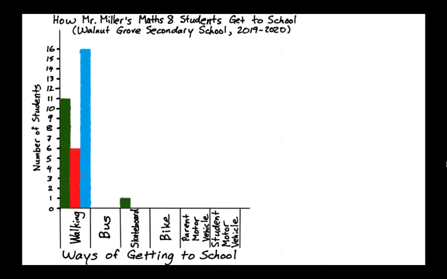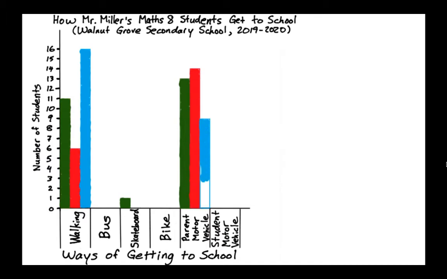So there's only one person who would ride a skateboard in from the 1-2 class, and none of the other classes have skateboarders. Now I go to the getting to school by parent motor vehicle, and I fill in the bars for all 3 of the classes. And finally I fill in the student motor vehicle category with the 2 people that get to school this way from the 1-2 class, and that's it.